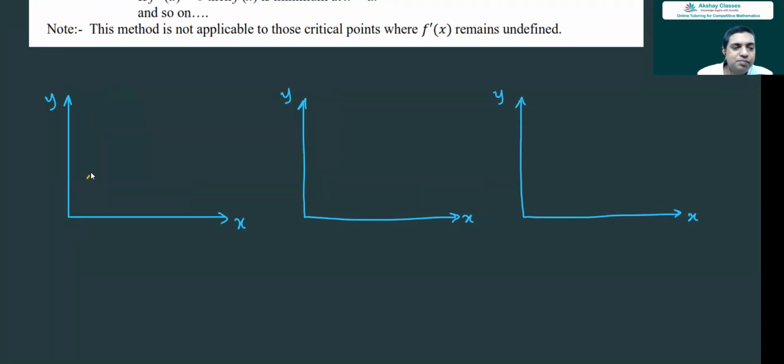So for maximum, this is the curve. Now for minimum and the point of inflection. Now let us see this.